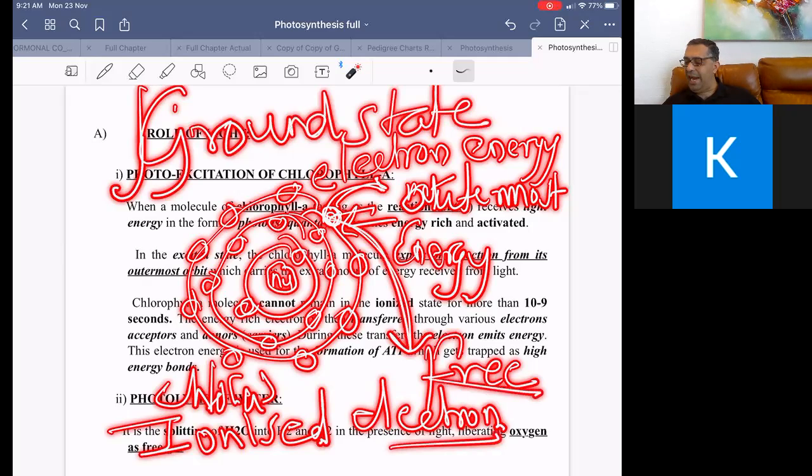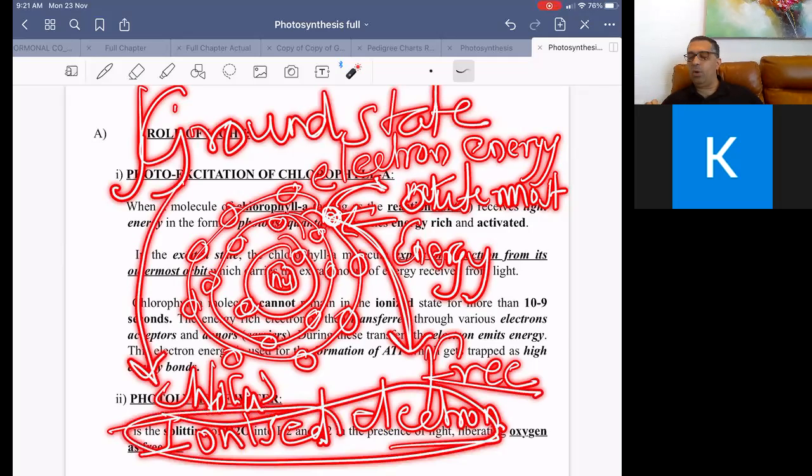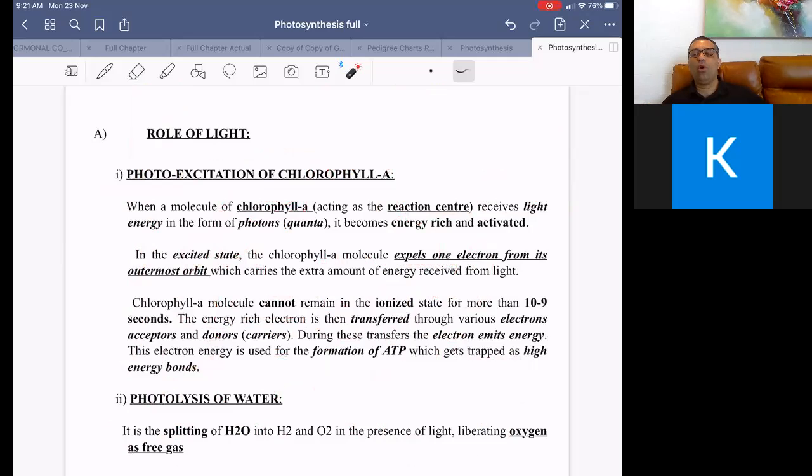From ground state, it goes into an ionized state. So chlorophyll A becomes ionized, an ionized chlorophyll A. In the excited state, chlorophyll A expels one electron from its outermost orbit, which carries the extra amount of energy received from light, and chlorophyll A cannot remain in an ionized state for more than 10 raised to minus 9 seconds.